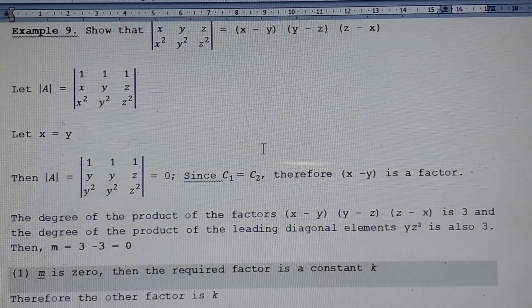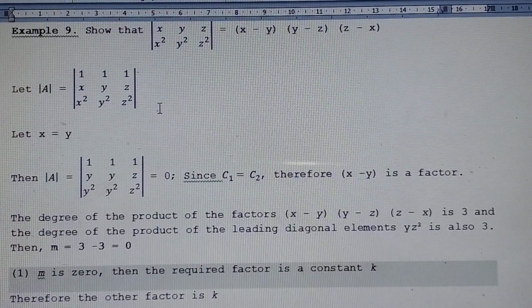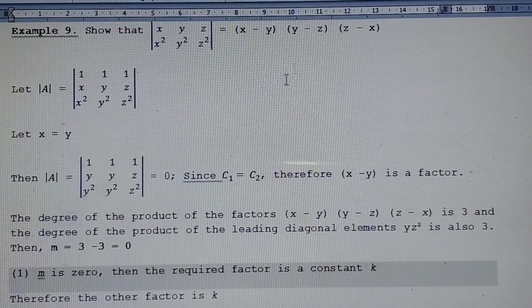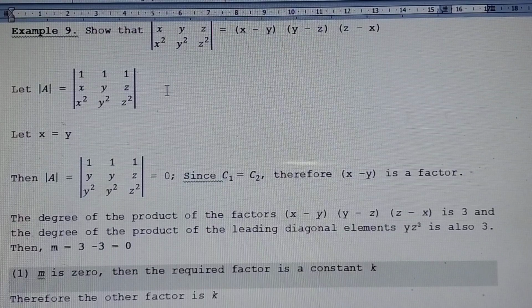Kasi dito, kung i-represent naman ulit natin yung y equals z, magkakaroon ulit siya ng identical na column. At kung i-represent naman natin ang z equals x, magkakaroon ulit ng identical na column. Therefore, sa mga condition na yon, laging magsisiro, na mababanish yung determinant. So therefore, itong lahat ng to ay factor ng determinant na to.